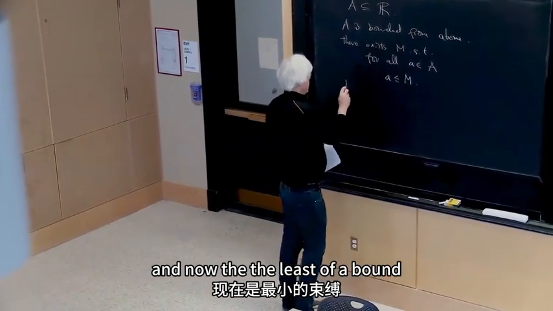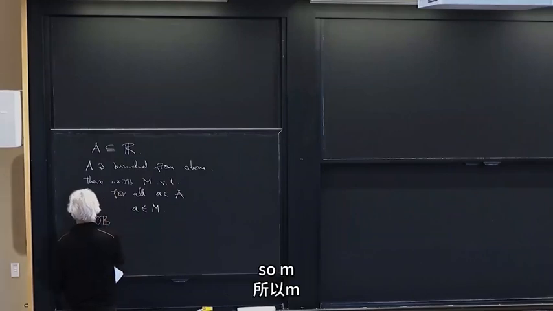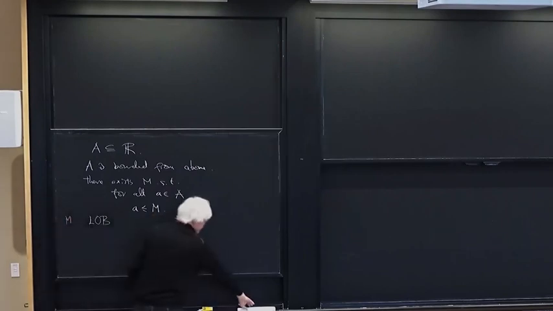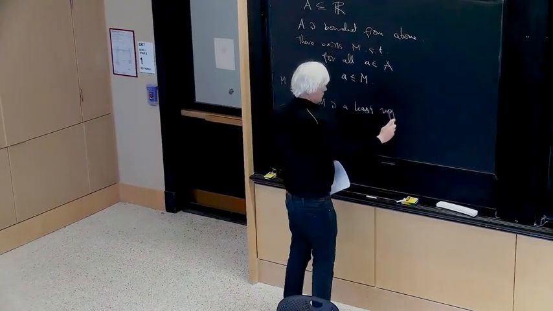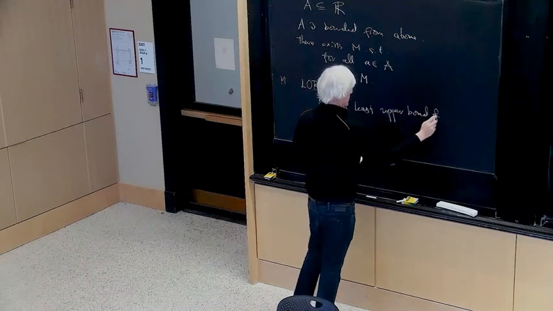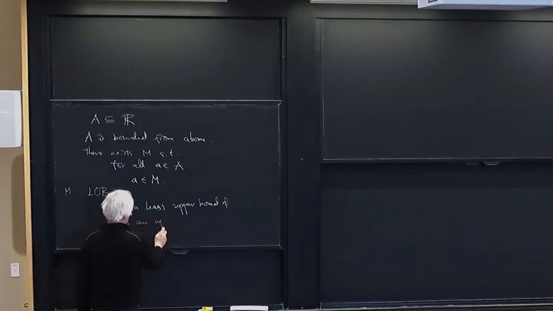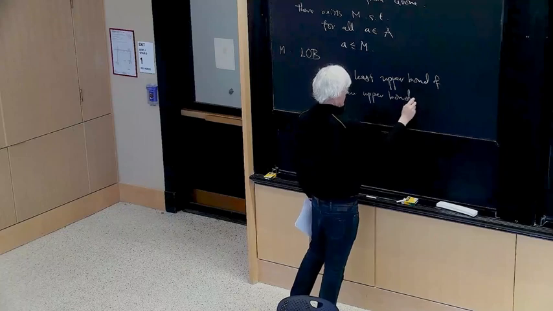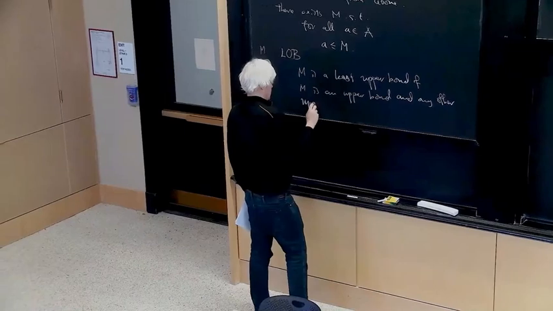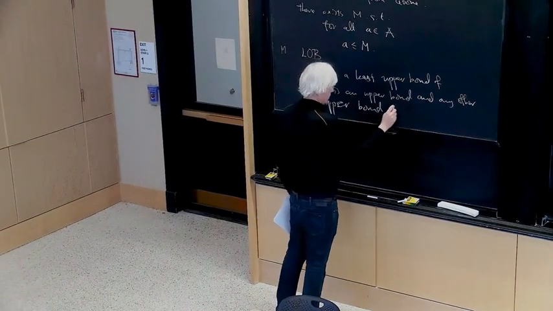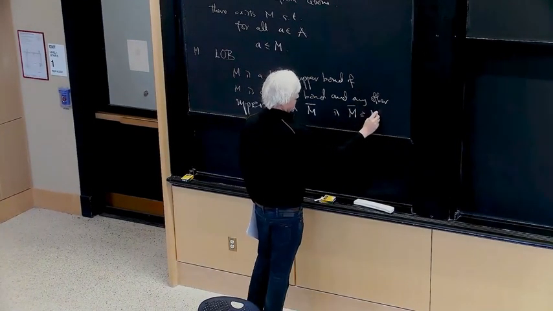And now the least upper bound. This is a number, so M is a least upper bound if M is an upper bound, and any other upper bound, let's call it M bar, is bigger or equal to M. Right?